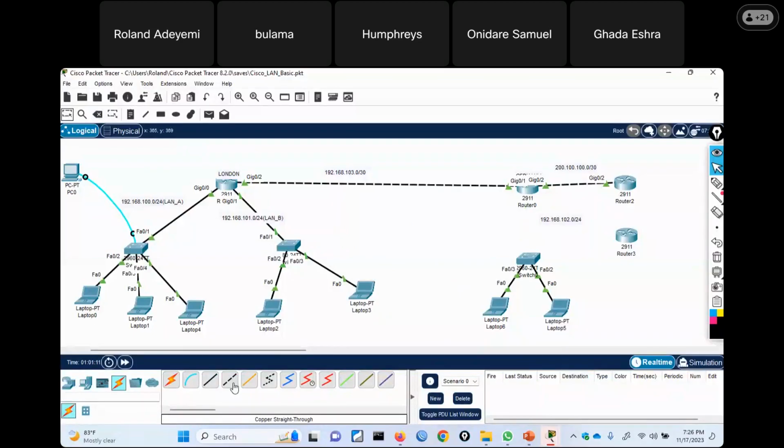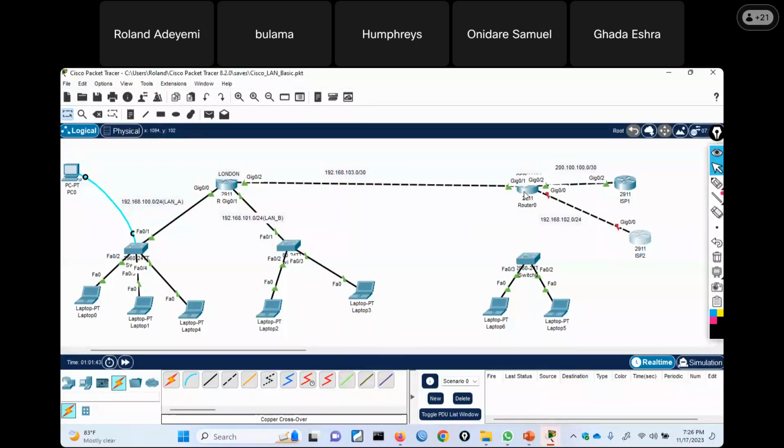So let's go through the other ISP. Let's say this is our ISP1. And let's say this is ISP2. So we configure ISP2. Let's pick 200.100.101.0 for that link.